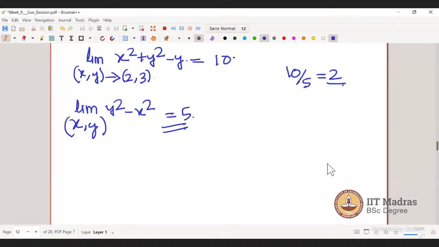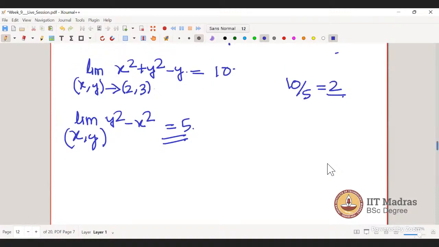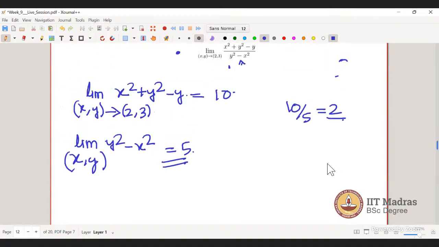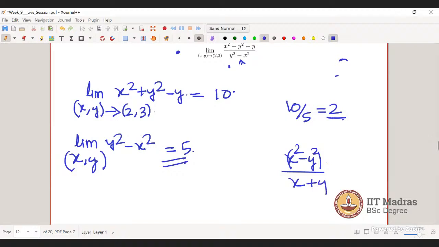If we cannot apply the values directly, is there an example where we cannot apply directly the values? We have to differentiate and then apply or something like that? No, for example, if you take x squared minus y squared by x plus y. In this case, you cannot apply directly the value.